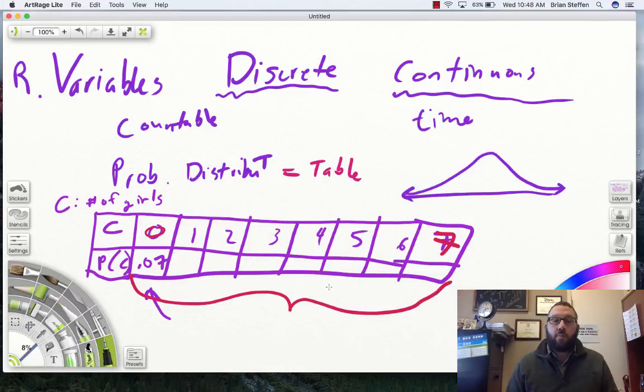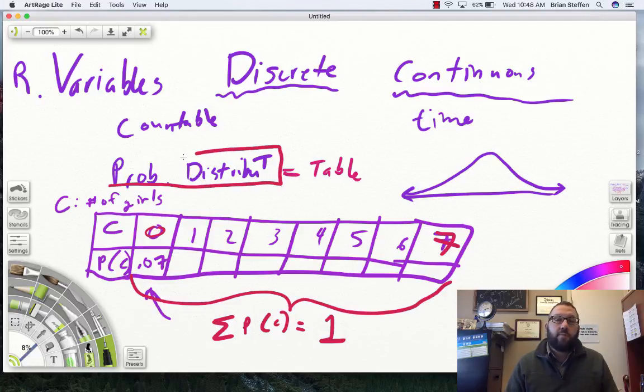So all of those probabilities are all the possible outcomes probabilities. If we add up all those probabilities of C, they add up to 1 because it represents everything. It's 100%. And that's a probability distribution for a discrete random variable.